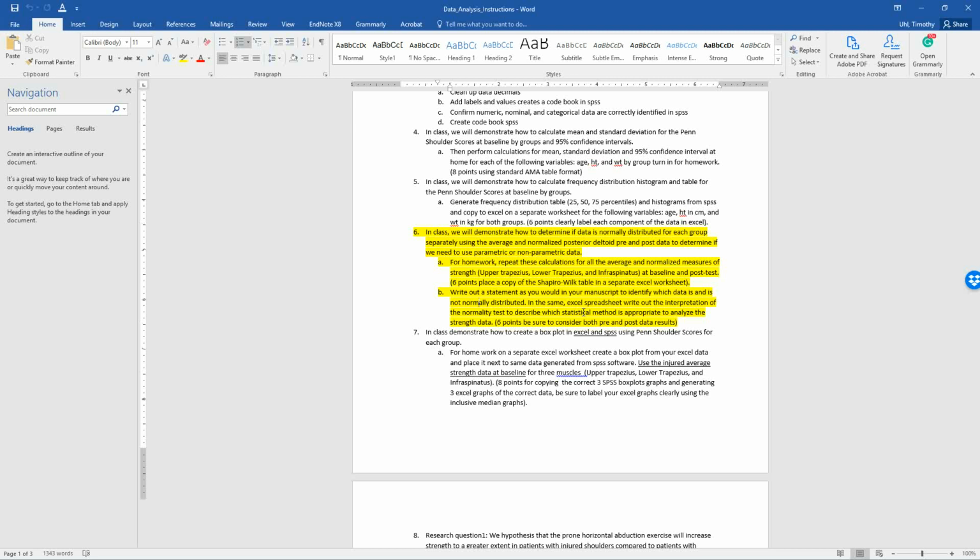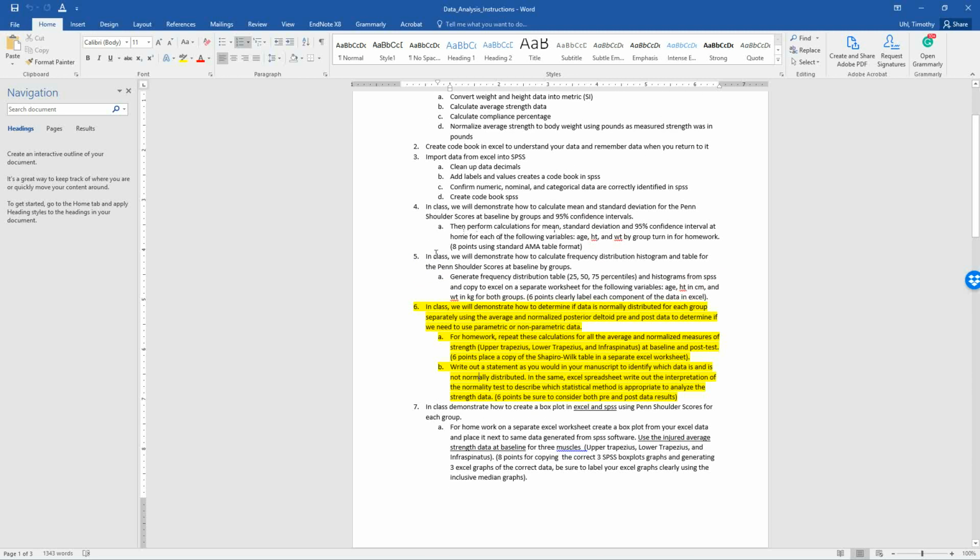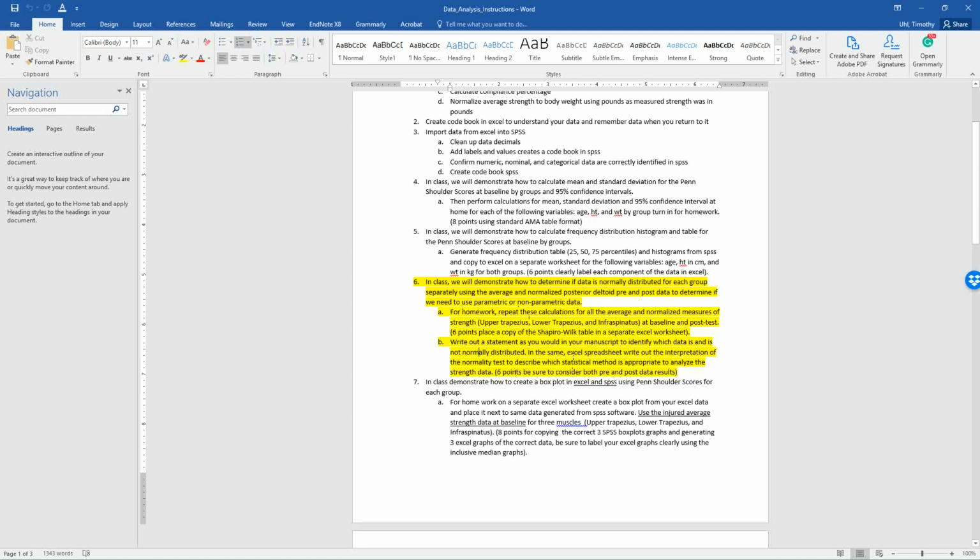So we've got tab 1 is going to be calculating means and standard deviations, making a table. Step 2 is to do a frequency distribution. I've shown you 2 ways to do a frequency distribution. The next step, the fourth tab, is going to be to review the data and actually write out a quick sentence or two that explains how you would or wouldn't manage this data.